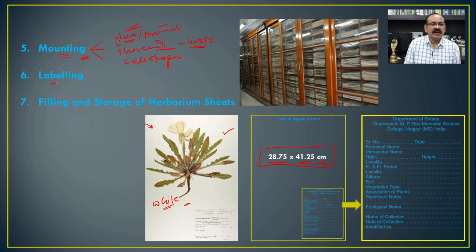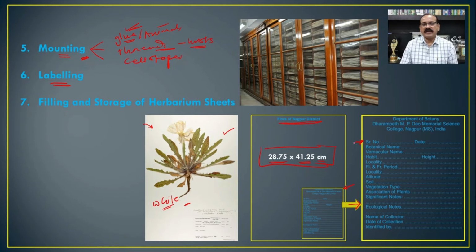Here on the herbarium sheet there is need of certain labels. Here there is a flora of Nagpur district. We can either write on the top of the herbarium sheet, or use this box with the label, which is enlarged here. So here we can mention the flora of Nagpur district, depending on the area which is to be studied.